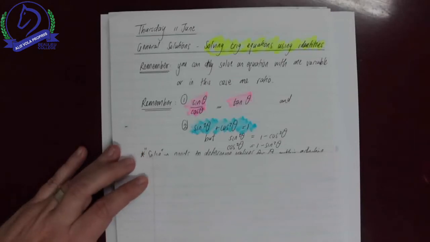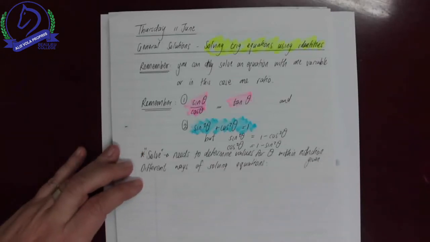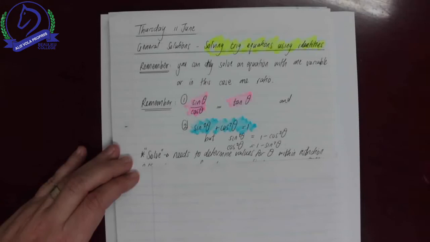Now solve means I need to determine values for theta within restrictions. We saw that in the previous exercise as well. If I say determine theta, then I just find out the general solution. If I say solve, it means I have to go find values for k that fall in that restriction.